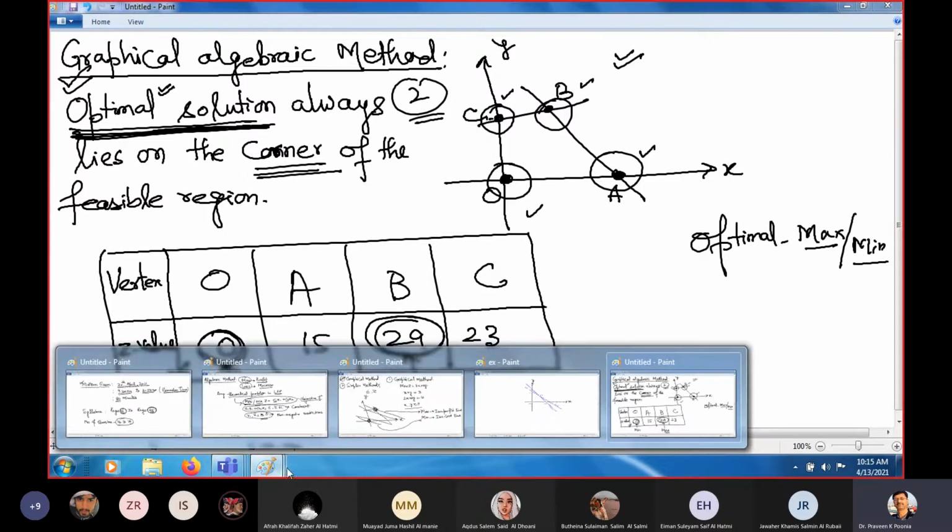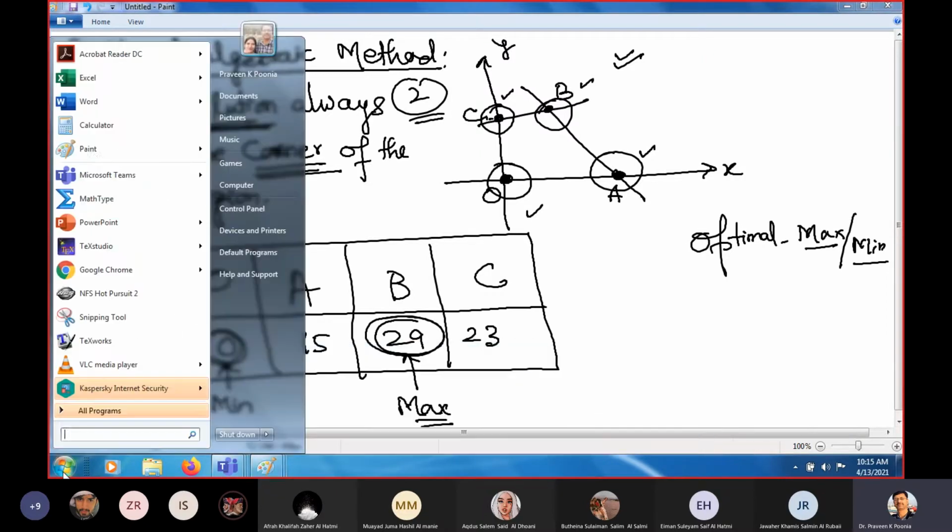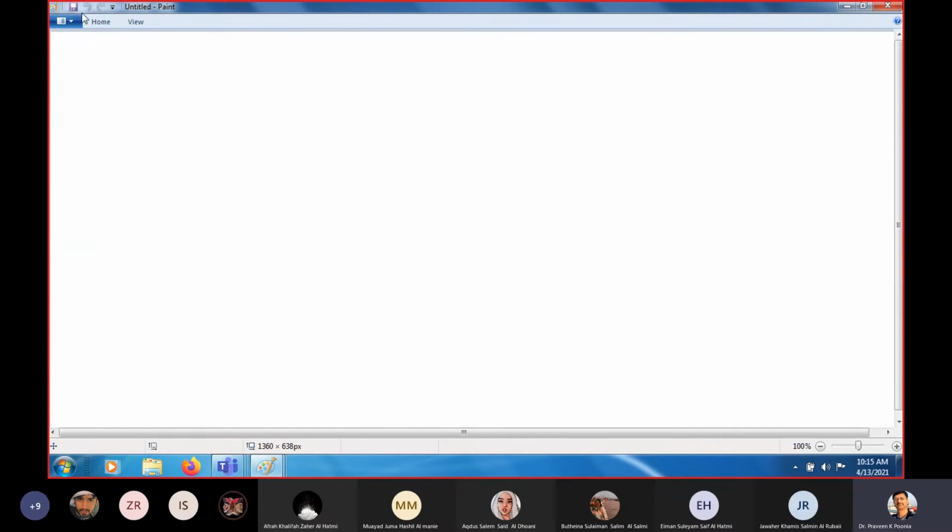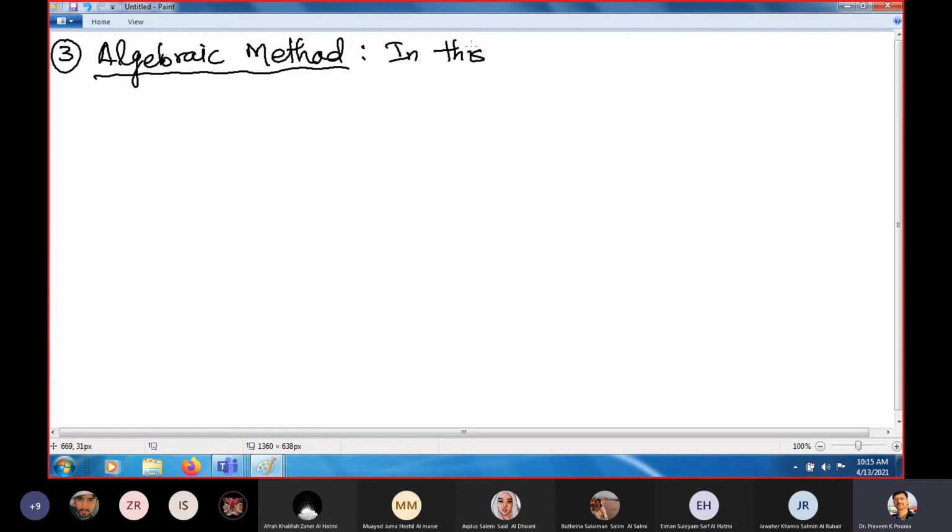Now dear friends, today we are starting the third method. And the third method is algebraic method. In this method, we do not form a graph.